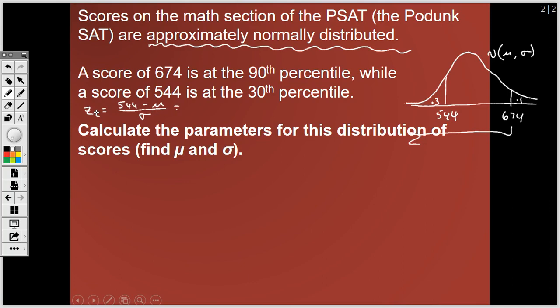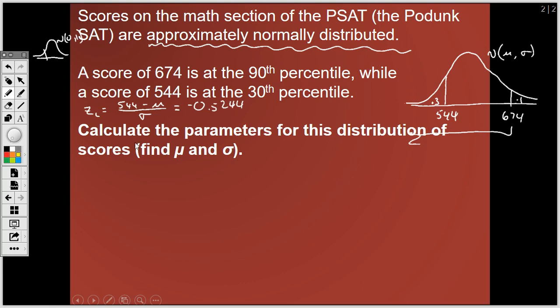So 0.3 to the left with a mean of 0 and a standard deviation of 1. When I'm on the standard normal curve, I'm over on this curve. Normal 0, 1. And I'm looking up that 0.3, and I'm going to get z-scores on the x-axis. So this is going to give me a z-score of negative 0.5244, and it keeps going. And I'm going to leave all those digits in my calculator.